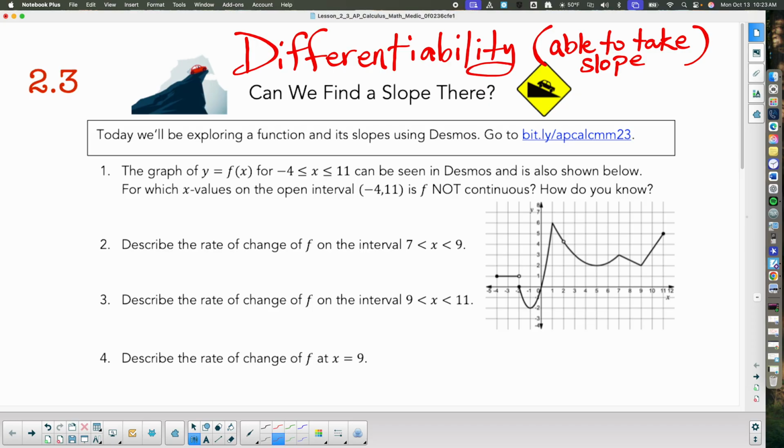So Alex, essentially question number 1 is, where is this graph not continuous? From -4 to like -5. Wait, what? Were you asking like where it's not continuous at?